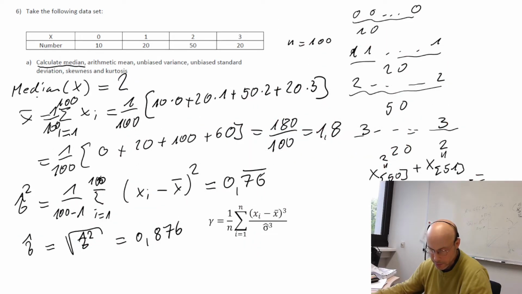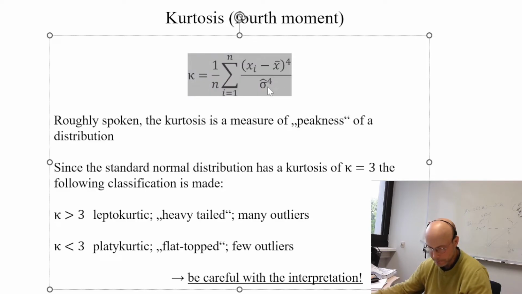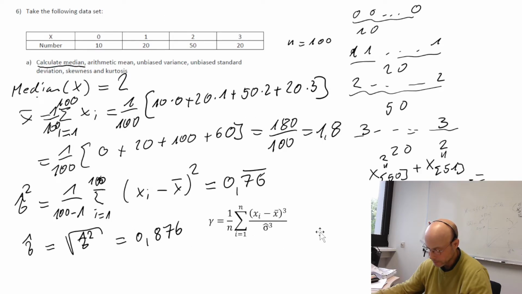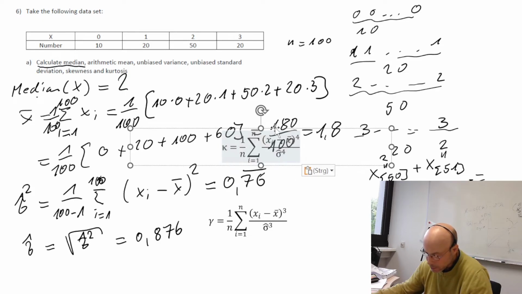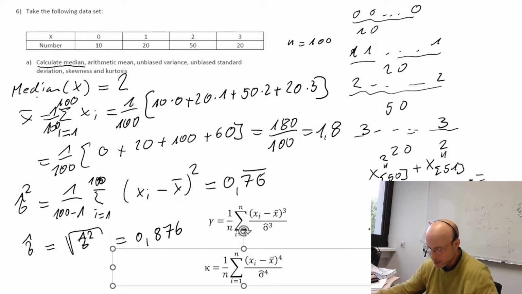And kurtosis was this one. So of course, calculating this by hand would take a bit long, but what do we need?